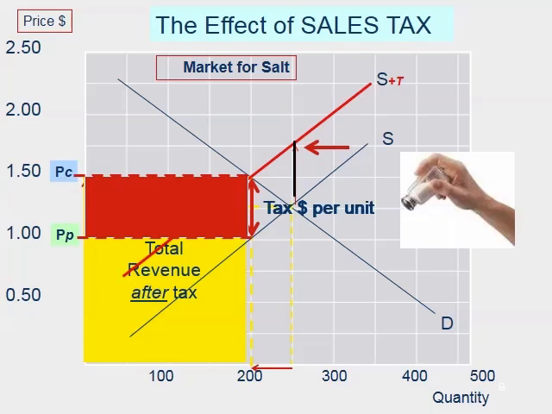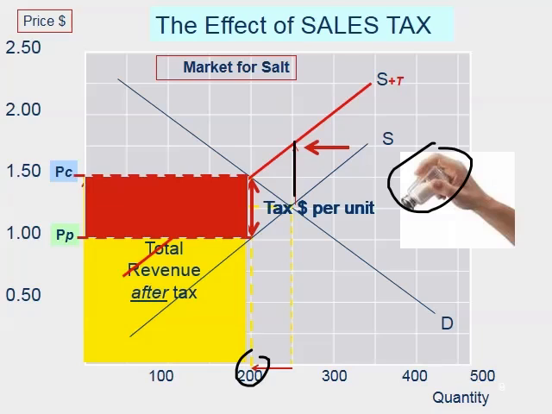And so that new red rectangle represents the amount taken, which is PC minus PP, or 50 cents for each salt shaker per unit, times the quantity that is purchased. Now remember, the per unit tax is 50 cents, so total tax is 50 cents times 200.